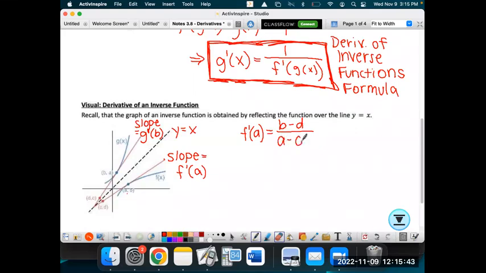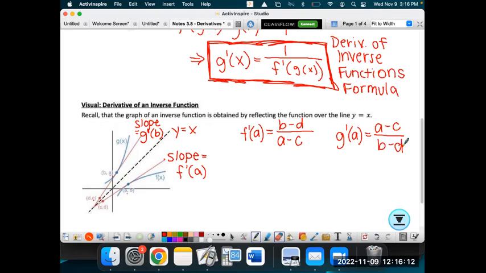Go ahead and do the same thing to figure out the slope of the line that touches G. Change in y over there would be A minus C, since those are the y values, over B minus D. If you have this in the exact opposite order, that's perfectly okay.